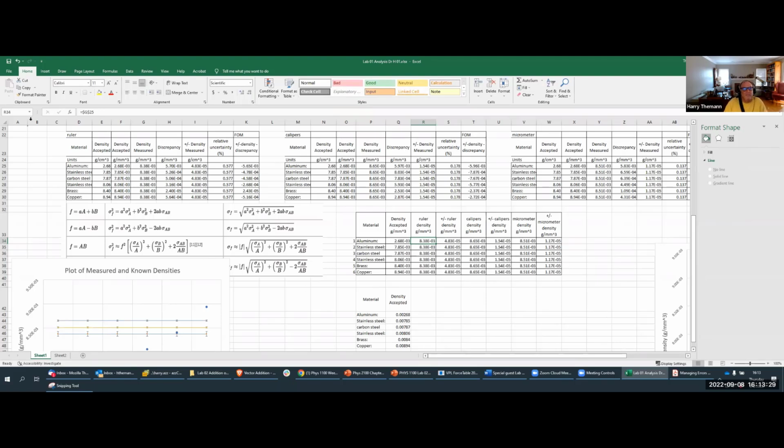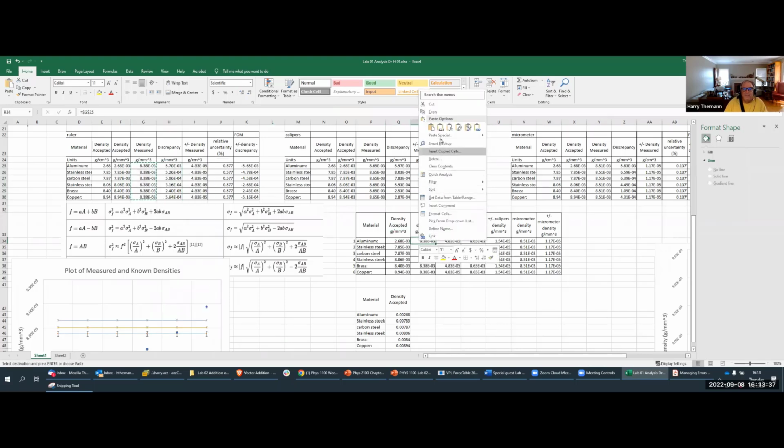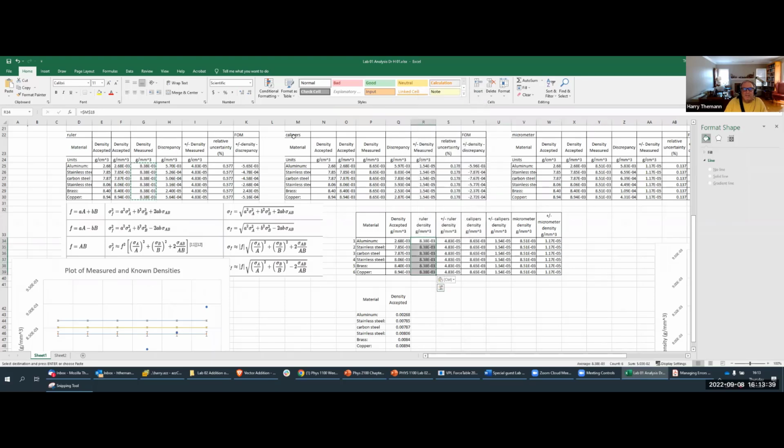That's one way to do it. The other way is to simply copy and paste. That works nicely because it's the same number of rows up here, but we made it that way. So as you use spreadsheets more and more, you get to learn how to anticipate.